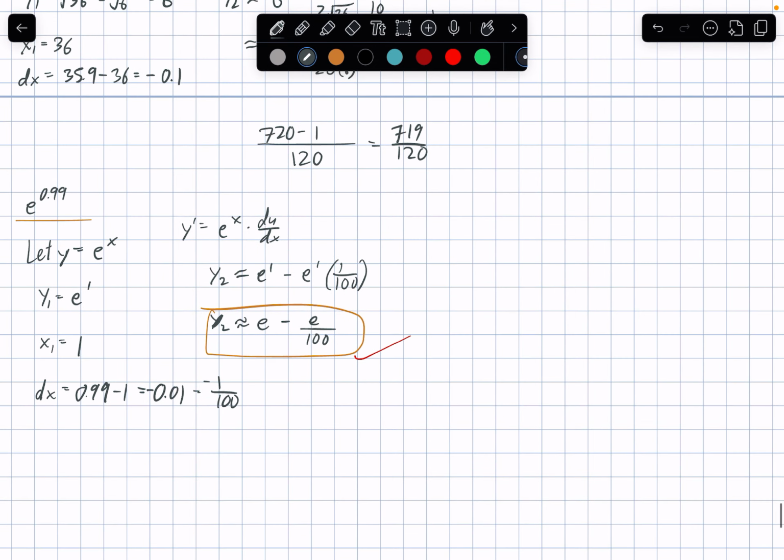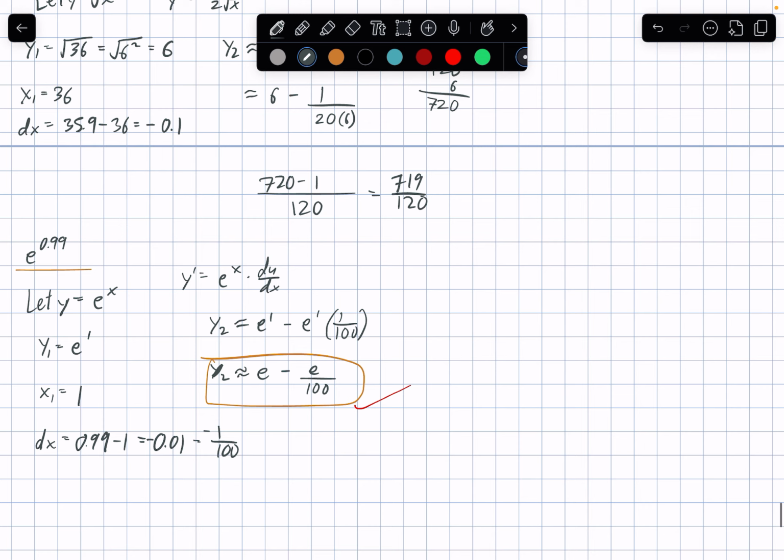Okay, continuing on. One of the applications of differentials, aside from approximation, is in the propagation of error.